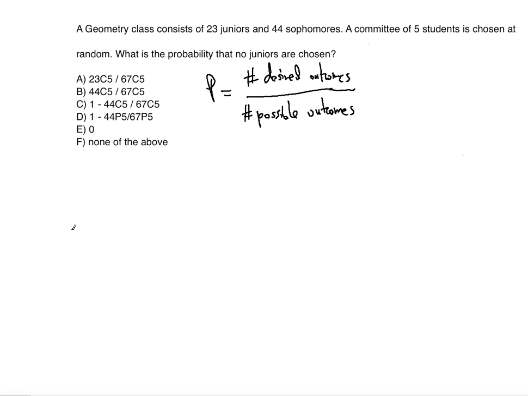So if we have n juniors and we have m sophomores, we want to choose, and how many students in total will we have? We'll have n plus m students.